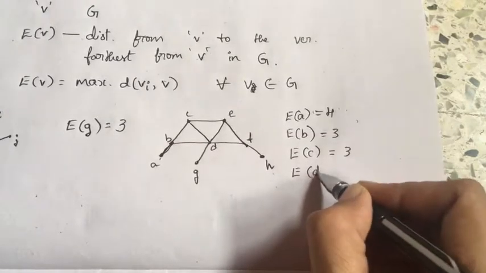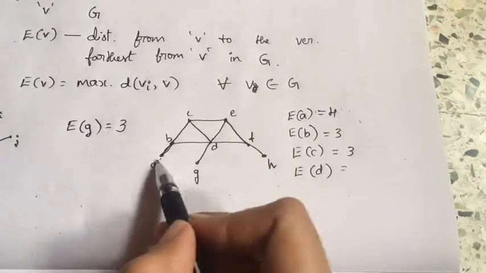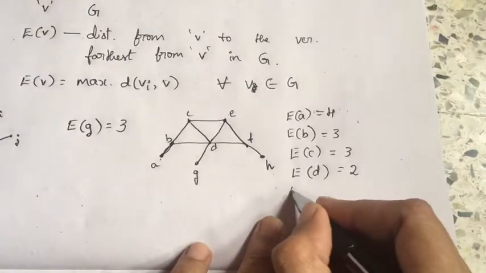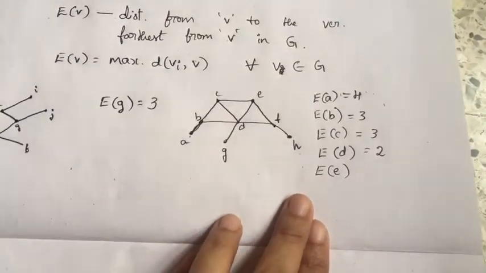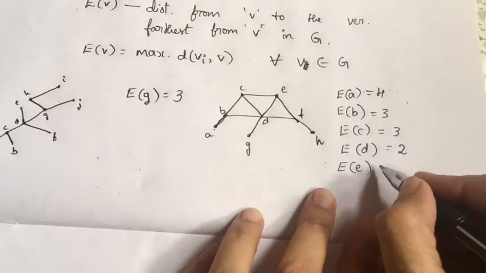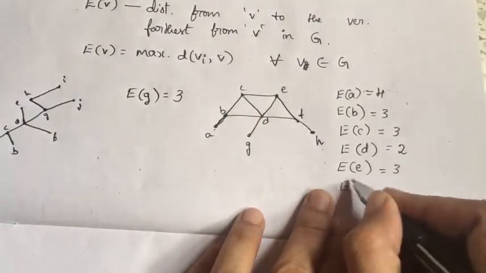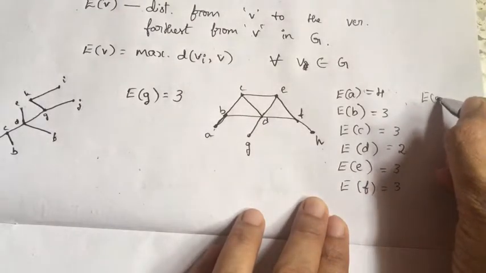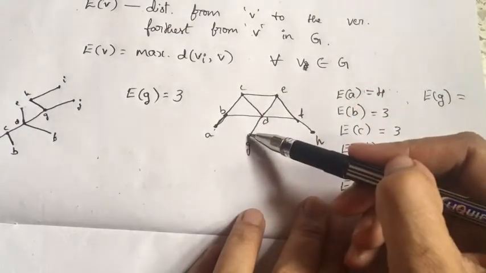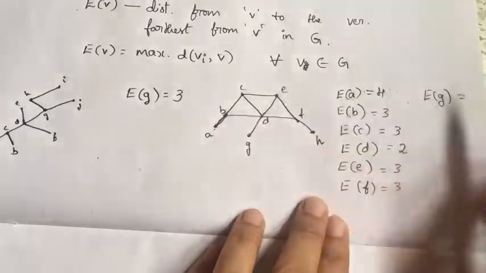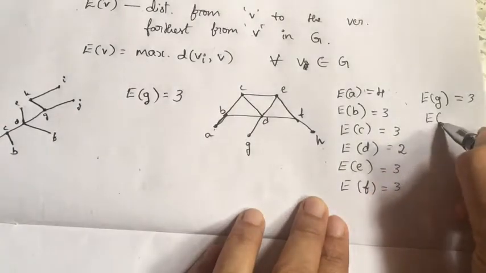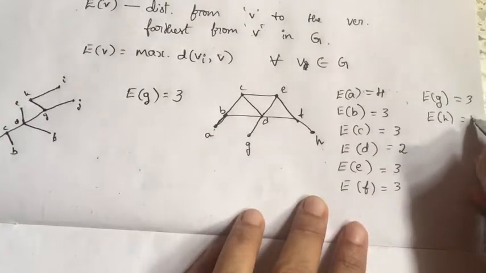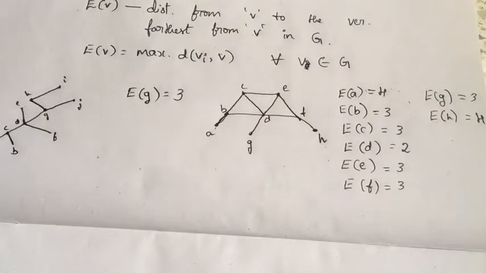Eccentricity of D is 2, since only these two are at the highest distance. Eccentricity of E is 3, eccentricity of F is 3, eccentricity of G is 3, and eccentricity of H is 4.